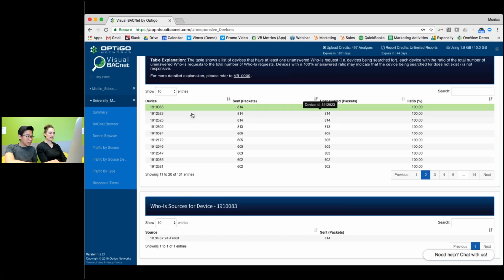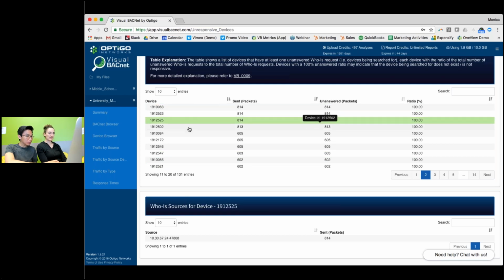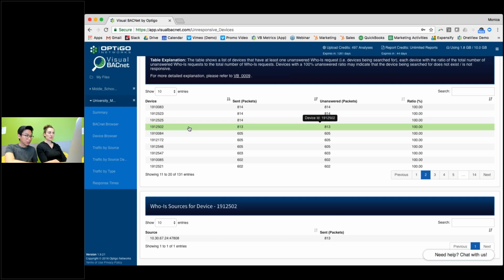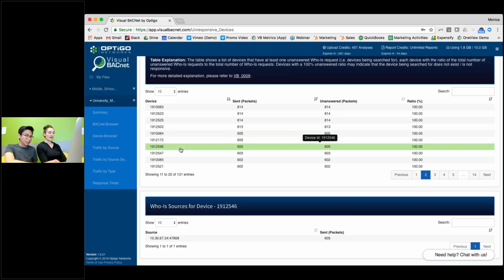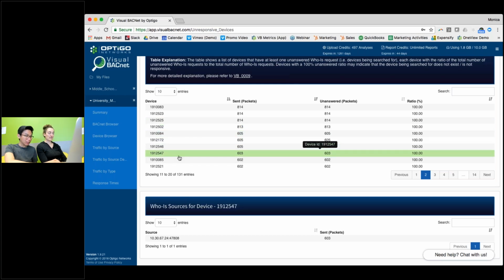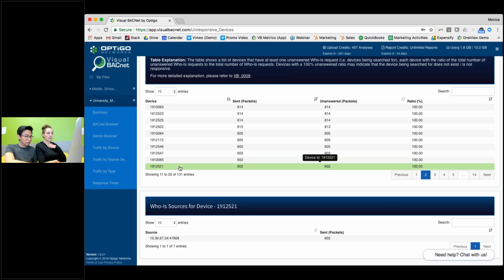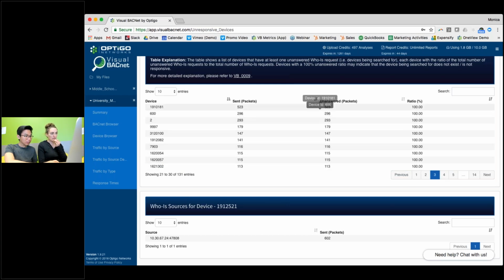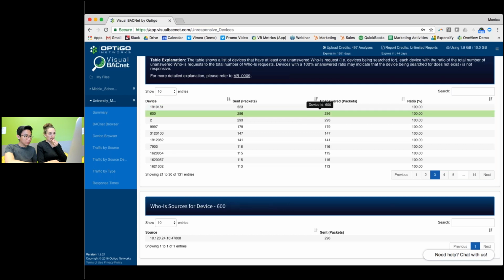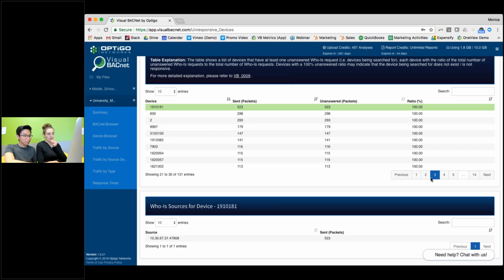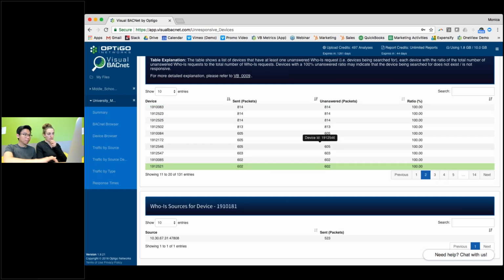The devices that start with 191, it seems like the same source is looking for them. So could be. This 10.30.67.24 is looking for all of these 191 devices. So it's possible that they are not real devices, and that is the old configuration.